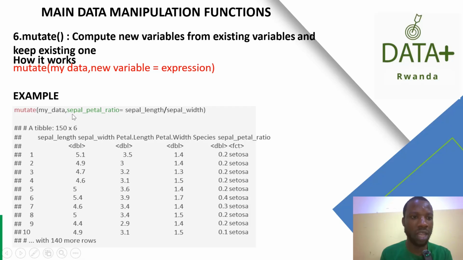We type mutate, we put the name of the dataset, the new name we are going to create, and then equal, and put the expression. Here we are trying to create the sepal petal ratio, which is going to be equal to sepal length divided by sepal width. Those are the expressions we are talking about.